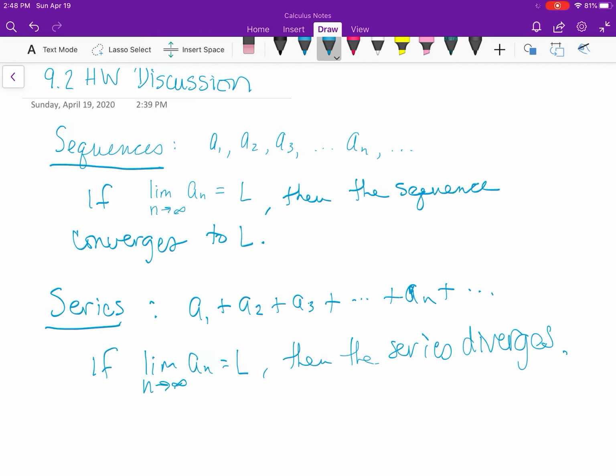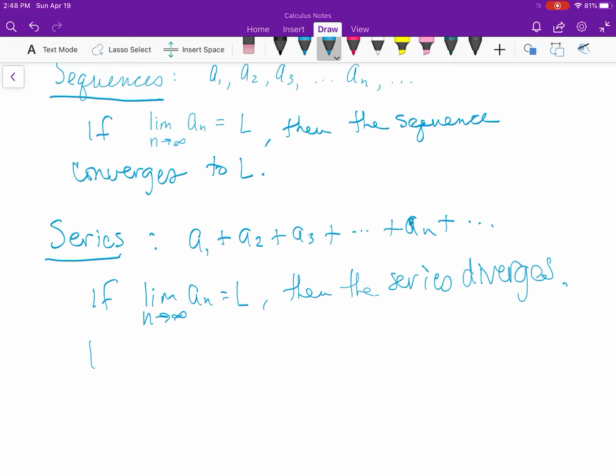Because you basically would be adding up that same number. Let's say it was 2/3. You are approaching values of 2/3 and you just keep adding 2/3. So that makes sense: for a series, if the limit of your nth term equals some nonzero value, then it diverges.